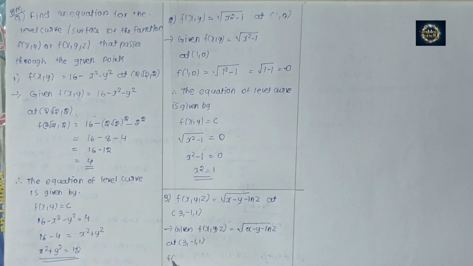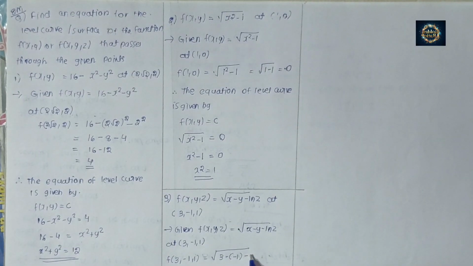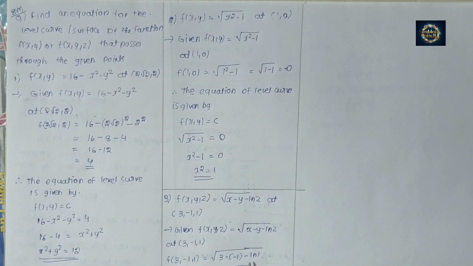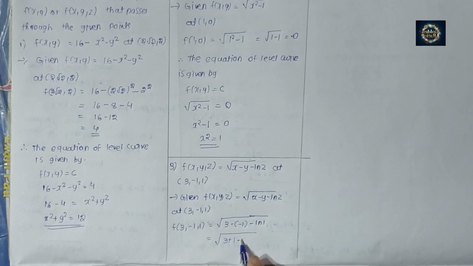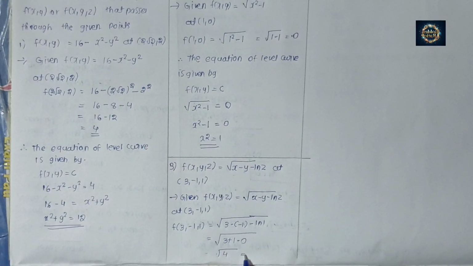So what will be the value of the function? Here x is 3, minus y is minus of minus 1, and minus ln 1. So when we solve this, minus of minus will be plus, 3 plus 1. The value of ln 1 is 0, so that will be 0. So square root of 4, which is nothing but 2.